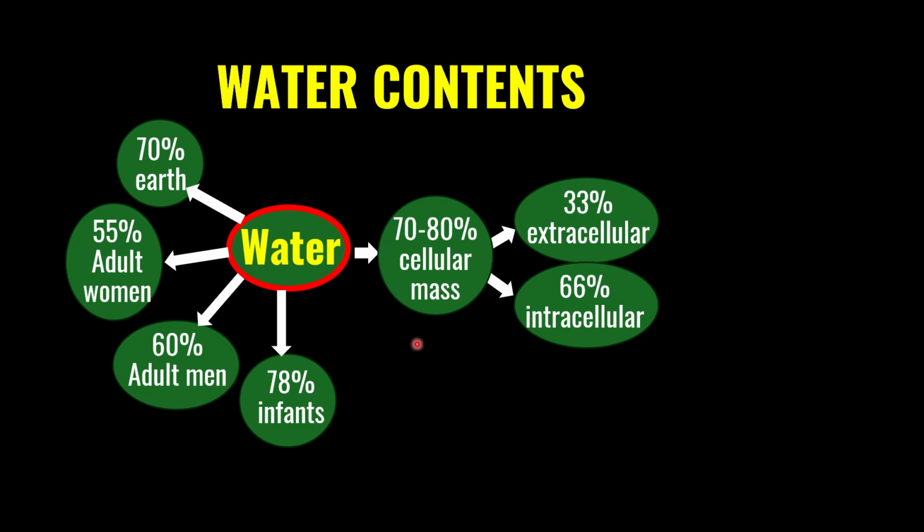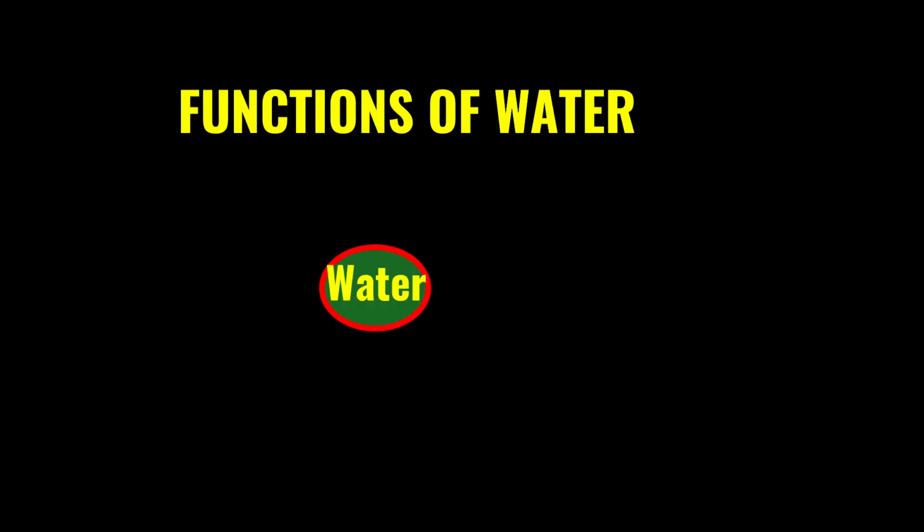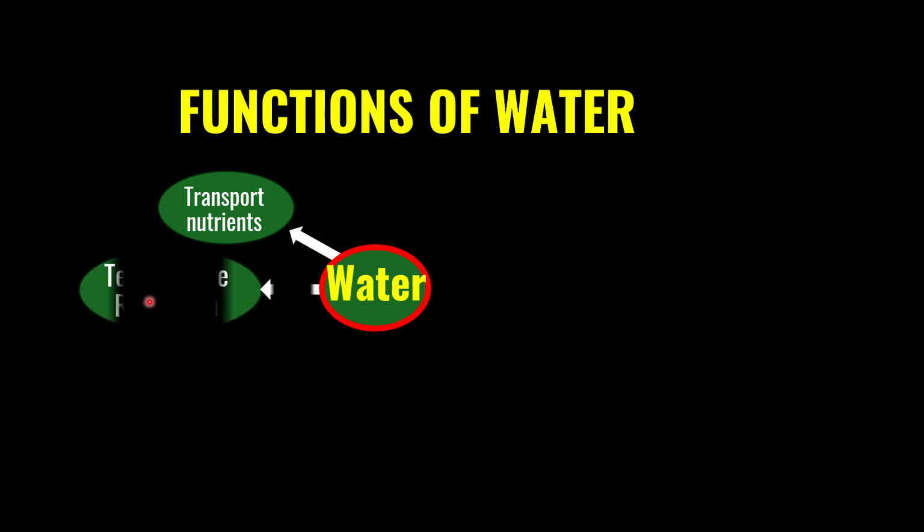Therefore, water is the most important and abundant solvent in our cells, where it acts as a medium of reactions in our body. So water is not only the most abundant solvent in our cells, it also performs some important functions such as transport of nutrients, regulation of cell and body temperature.